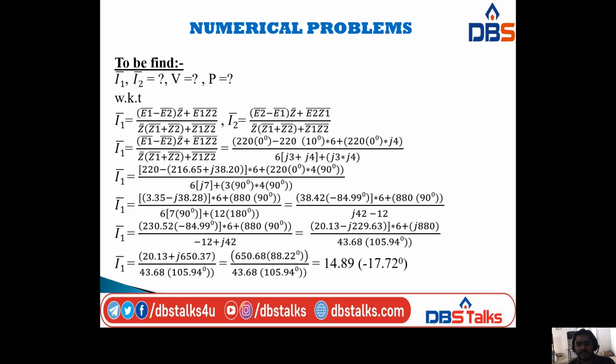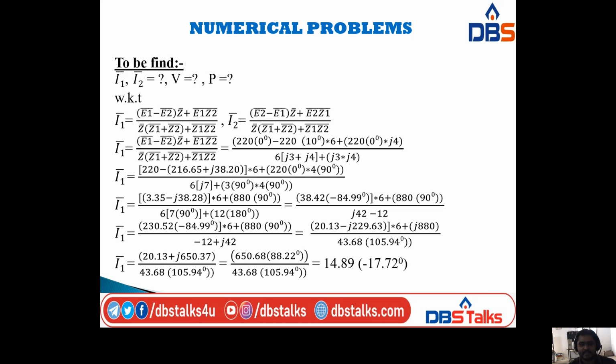After simplifying this, 6 into 3.35, how much do we have? 38.42 minus j30. After simplifying, that is 3.35 minus j38.38. Actually it is in the rectangular form.